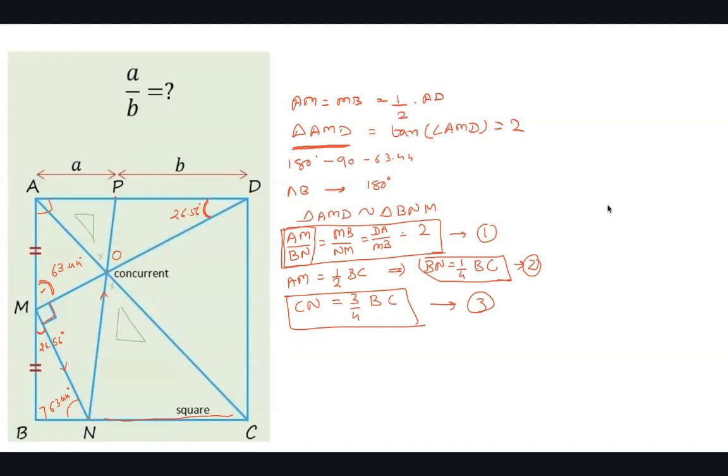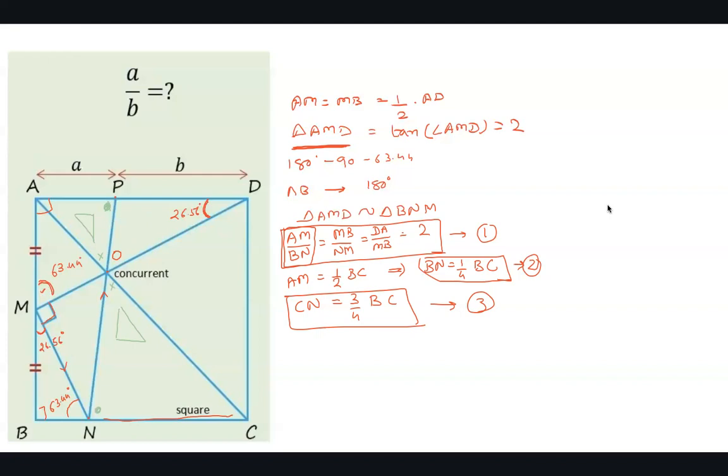Also, given ABCD is a square, side CN is parallel to side AP, and TN line segment works as transversal. So we know that these two angles are the same. Hence, these two triangles, APO and CNO, are also similar because all three angles are common.